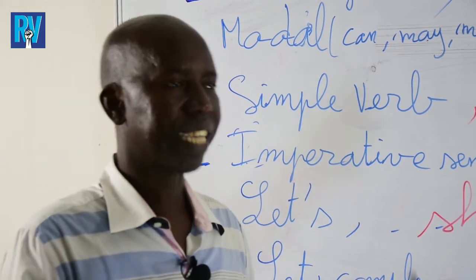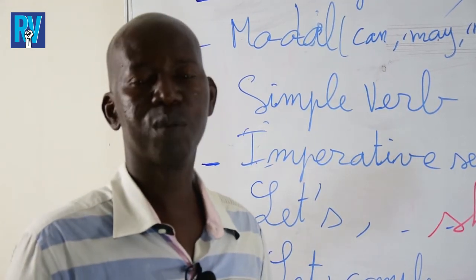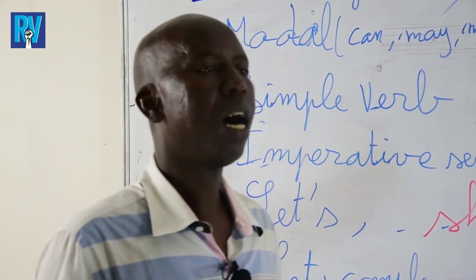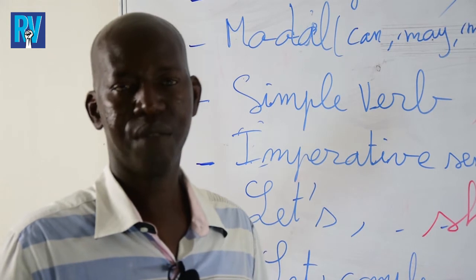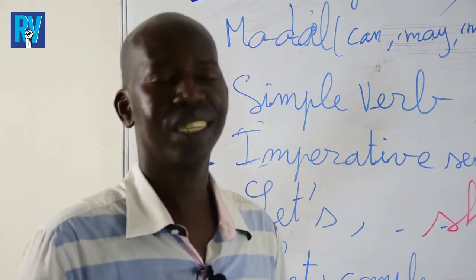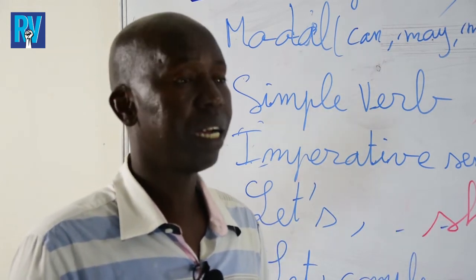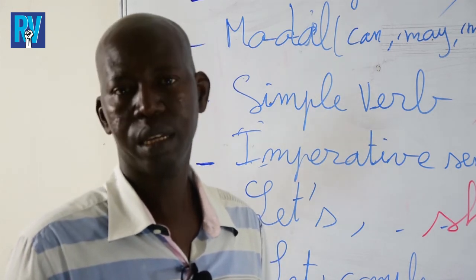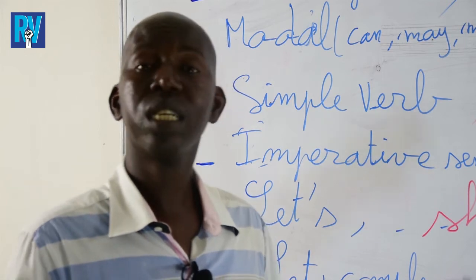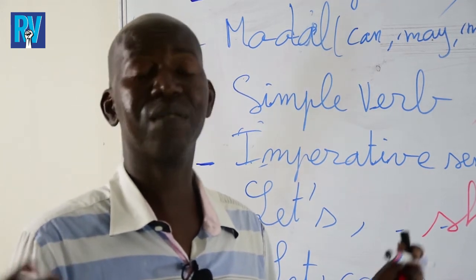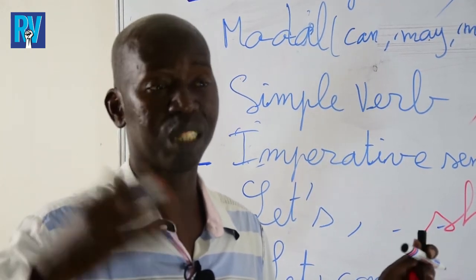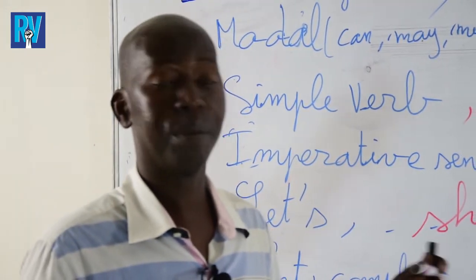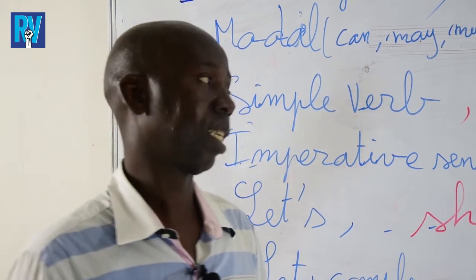Ne mettez pas can not they. Can't they. Ne mettez pas are not they. Aren't they. Ne mettez pas is not he. Mettez isn't he. Dans le tag, on met toujours la forme négative contractée. On ne détache pas la négation.